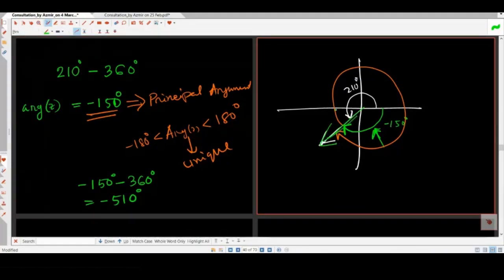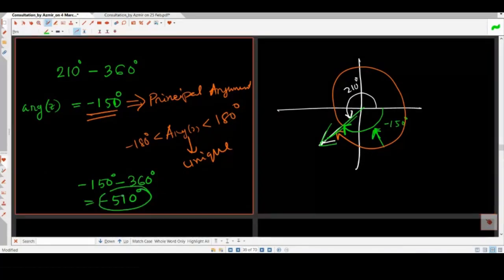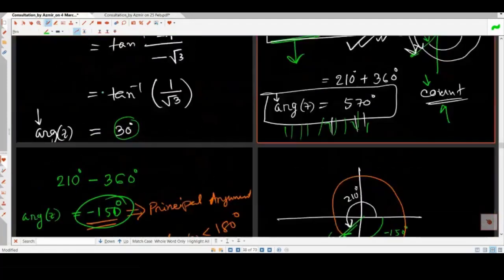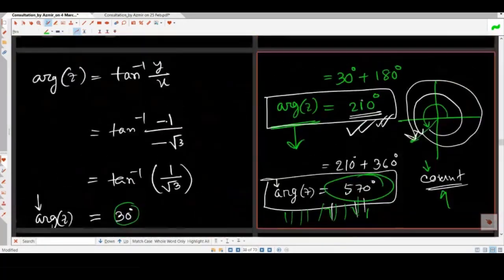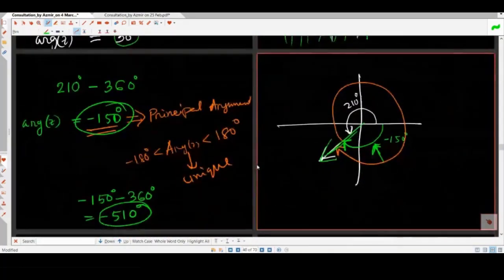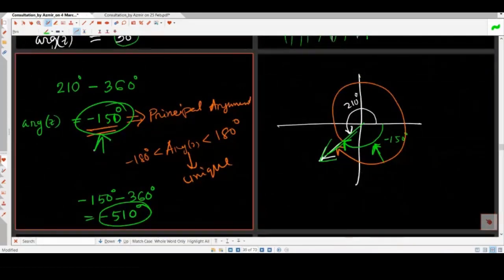So it doesn't affect our result. But the main thing is, it is an argument. It is also an argument. This is also another argument. This is also an argument. But out of all these arguments, we have only one unique result, that is negative 150 degree.